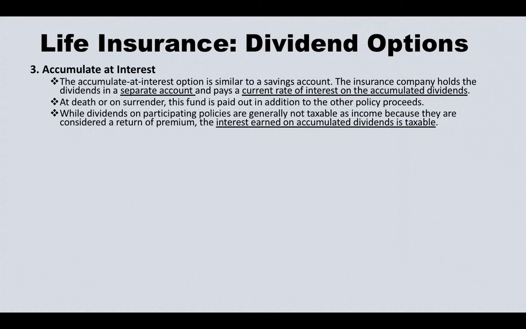While dividends on participating policies are generally not taxable as income because they are considered a return of the premium, the interest earned on accumulated dividends is taxable. So you can see here, the insurance company holds your dividend in a separate account, and those dividends will earn interest each year.